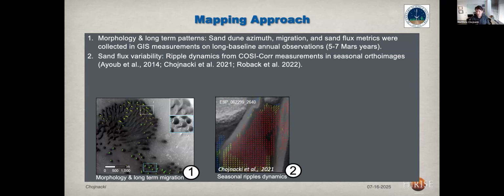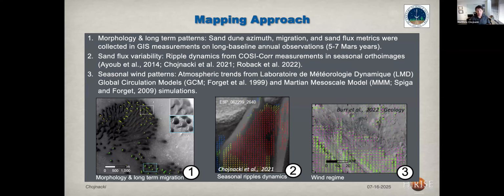Meanwhile, to look at the sand flux variability in a shorter time frame, we looked at the ripple dynamics with COSI-Corr measurements in seasonal ortho images. And then finally, to get an assessment of the broader seasonal wind patterns, we looked at atmospheric trends from the LMD Martian mesoscale model simulations, and that would give us insight into not only seasonal but diurnal wind trends.